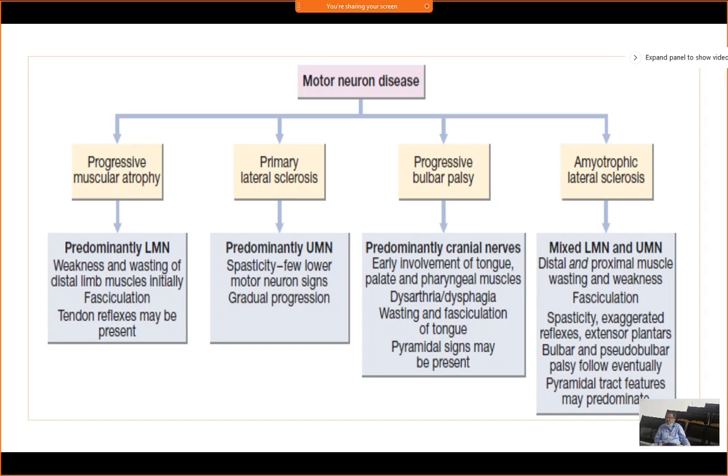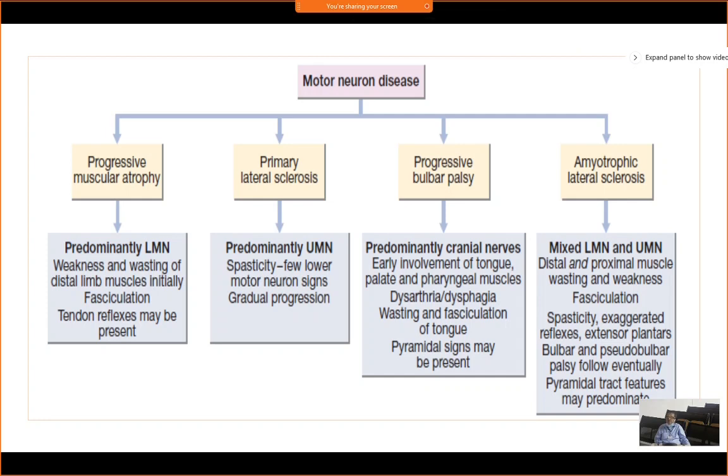The second variety, which is predominantly a lower motor type, where there is wasting and weakness of the distal limb musculature, along with fasciculation, and the tendon reflexes may be absent. If it is primary lateral sclerosis, there is an upper motor variant of the spinal musculature where there is spasticity.